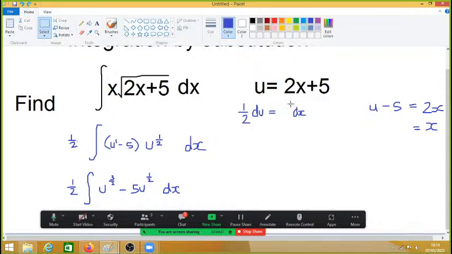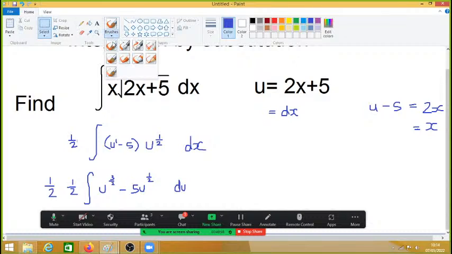And that means I can do my final swap, my final substitution, which is this dx can be swapped for half du. And again, the half can be brought to the front. There was already a half there, so this half gets times by this half, which becomes a half times a half is just a quarter. So let's write a quarter there.